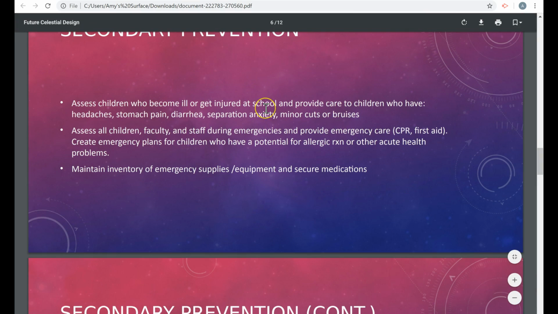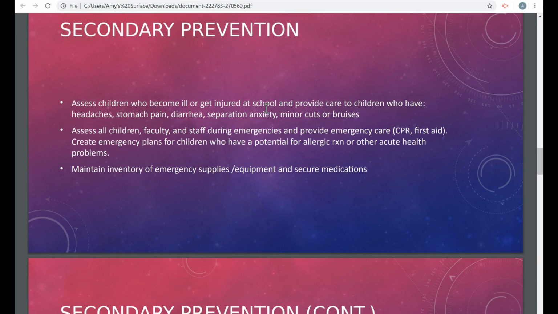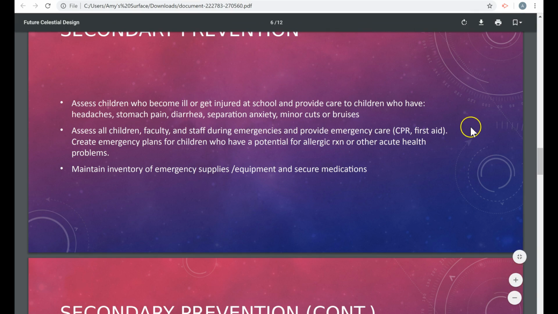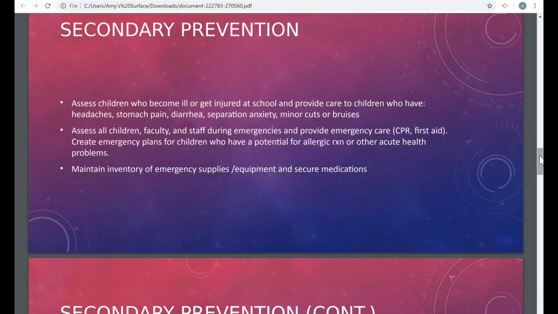So one of your big teaching points here is going to be that for the school nurse, they really have to almost triage the patients. Or the students, they have to be able to know which ones are actually acutely ill and which ones are kind of just faking it to get out of class. So really they have to have a very good understanding of what we call the red flags, the things that we really need to be concerned about.